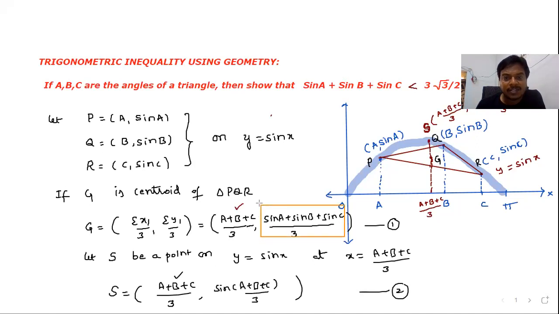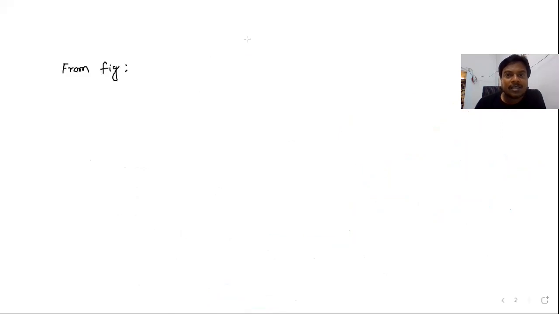This is the y coordinate of G and this is the y coordinate of S. S is more than G, right? Along the direction of the y-axis, if you observe, S is greater compared with G. Therefore, I am writing: the y coordinate of G is less than the y coordinate of S.